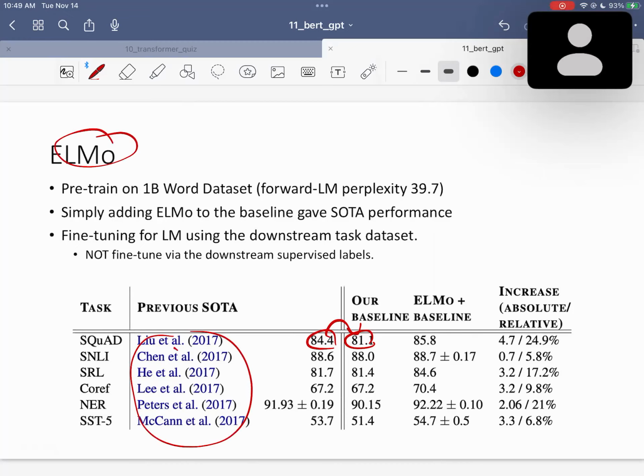They re-implemented them themselves, and this is what they actually got instead of what was reported in the paper. This often happens because not all details are given in the paper, and when you re-implement a paper, it sometimes gives you lower performance because the people doing the re-implementation don't spend as much time as the original authors, so it's bound to happen. Okay, hope that makes sense.